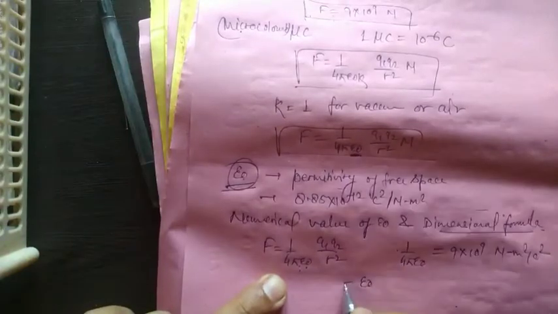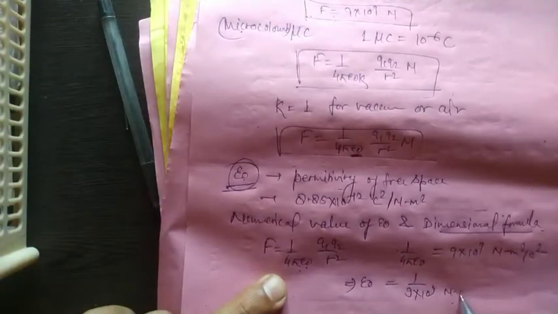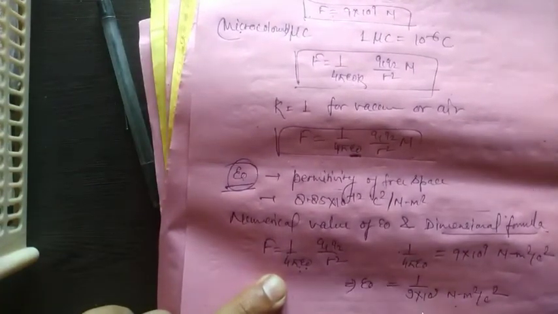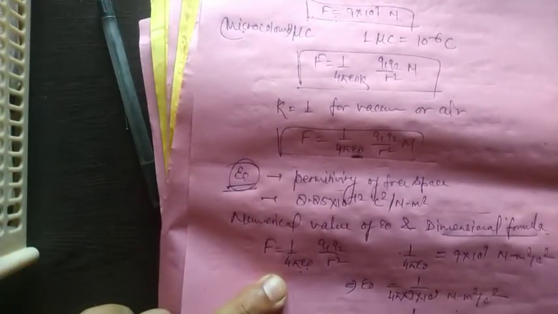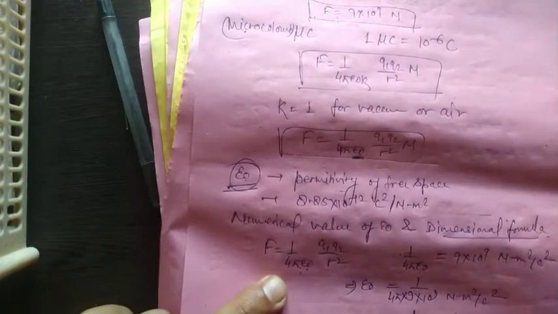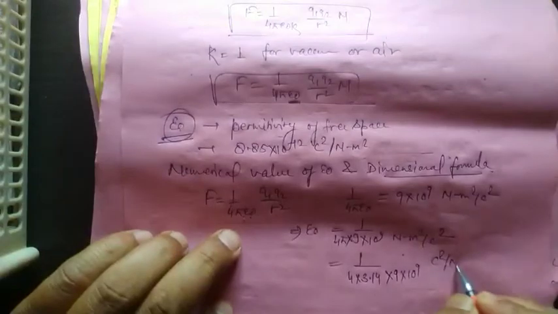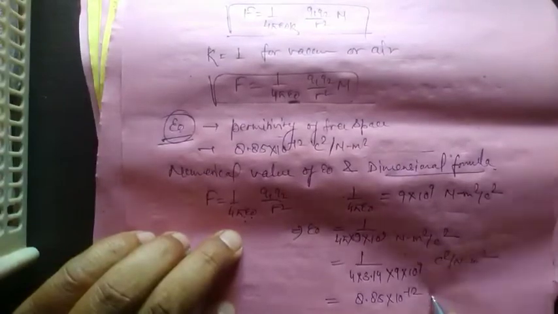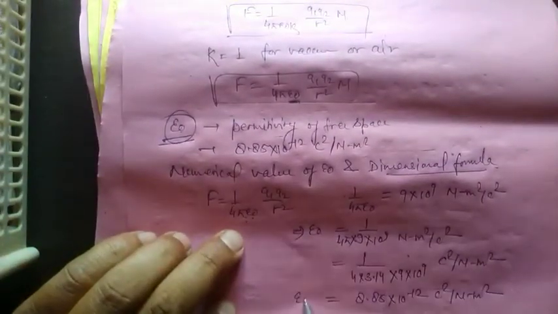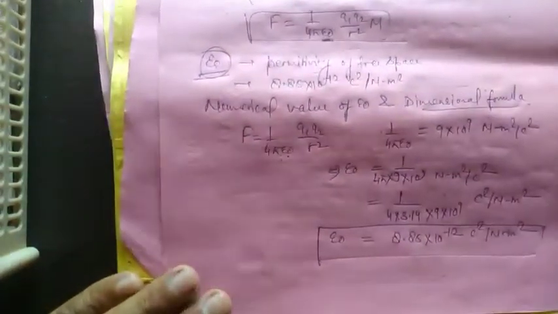Now epsilon naught equals 1 upon 9 into 10 the power 9 into 4 pi, which is 1 into 4 into 3.14 into 9 into 10 the power 9, giving Coulomb square per Newton meter square. Then finally we have the epsilon naught numerical value, which is asked in the examination.